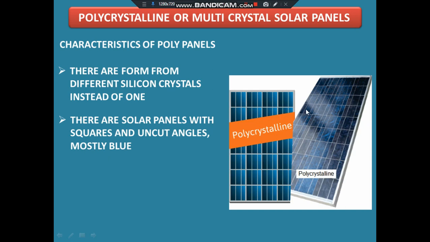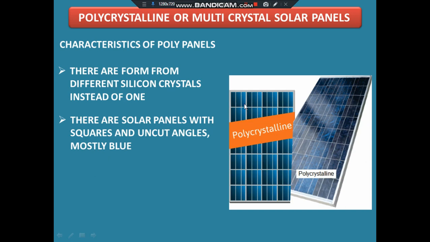If you remember when we were talking about the monocrystalline solar panels, you noticed that it was made up of rounded edges and they were black or dark in color, whereas the polycrystalline solar panel is blue in color with squares and uncut angles.